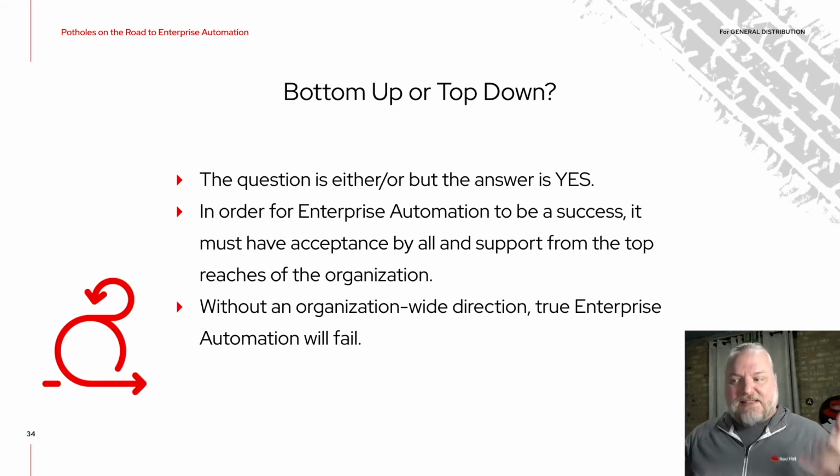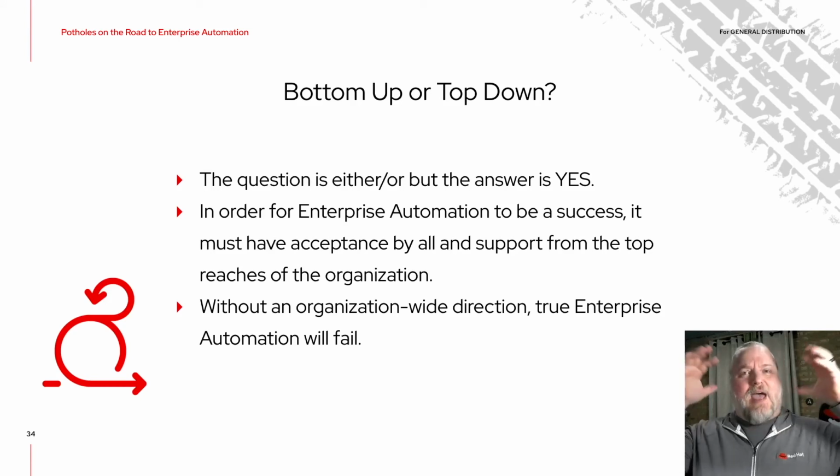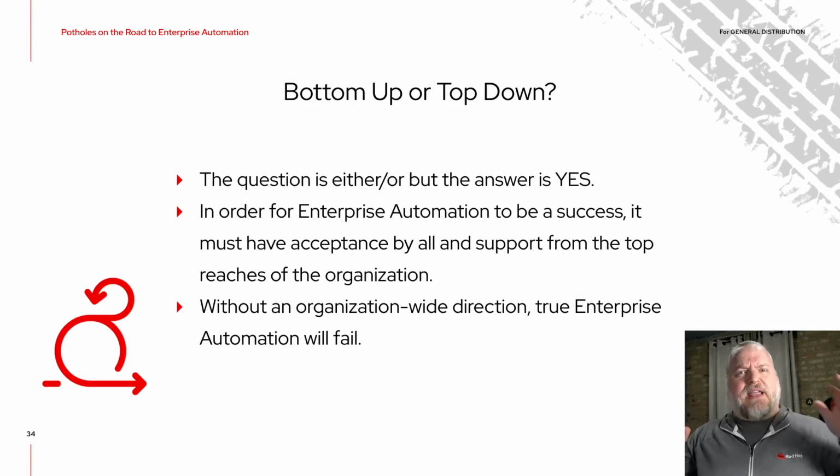Without an organization-wide direction, enterprise automation is going to fail because you're not going to have that big picture from above that can help make sure that everyone is collaborating and using the same tools or tools that work together. But without that grassroots groundswell, nobody's going to adopt the tools to begin with, and it's going to become an initiative and an effort that just gets ignored.